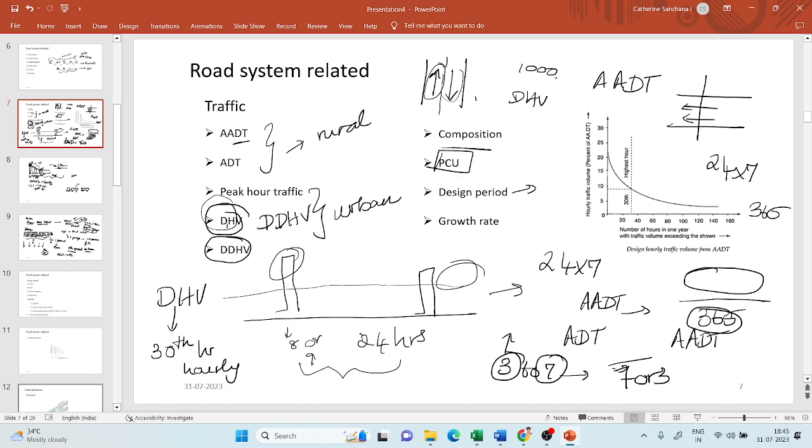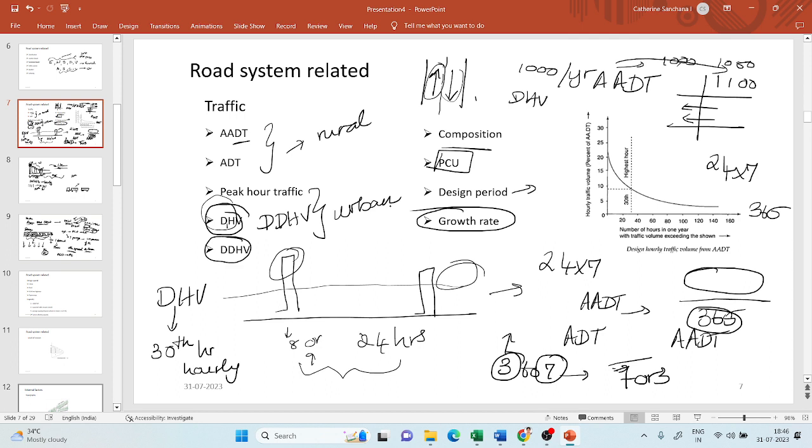Now, if my traffic is, say, 1,000 counts for this year, next year it won't be 1,000. It may be 1,050, the year after that it may be 1,100, and this may increase. This is taken into account by the growth rate.